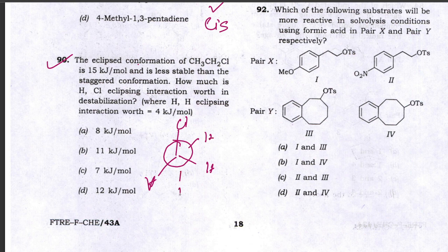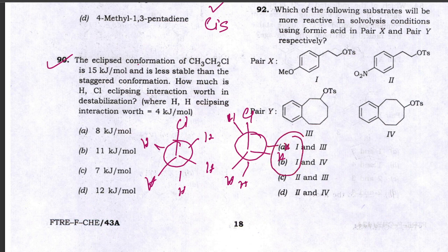So this is the staggered conformation. There is no eclipsing interaction. But if we go to the eclipsed conformation of it, chlorine, hydrogen, and now there will be hydrogen and hydrogen. Now you can see there is a hydrogen eclipsing interaction, another hydrogen eclipsing interaction, and a hydrogen-chlorine eclipsing interaction.